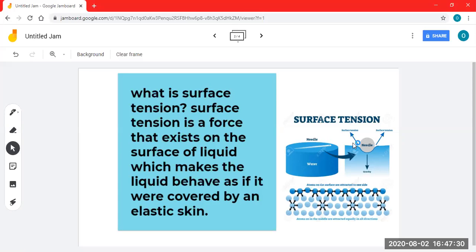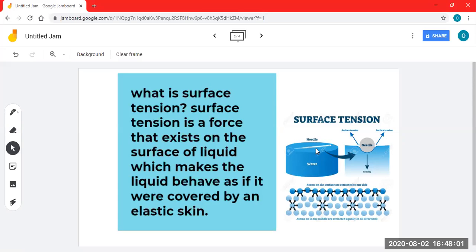If you look at the diagram, you can see a needle slightly placed on the surface of water. That's what makes the liquid behave like an elastic skin, and it is a very good illustration.